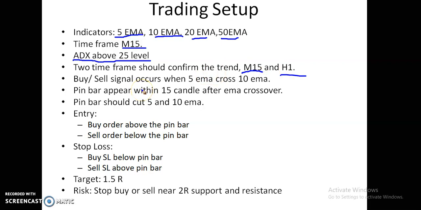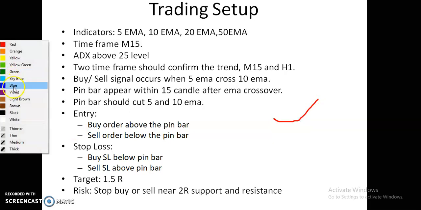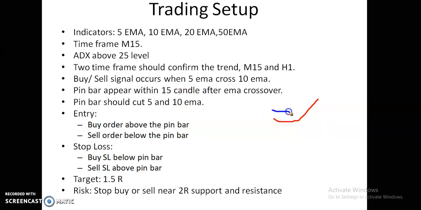When placing a buy or sell order, criterion number 1: the buy or sell signal occurs when the 5 EMA crosses the 10 EMA. Suppose this is the 5 EMA, and let me change the color. This is the 10 EMA.